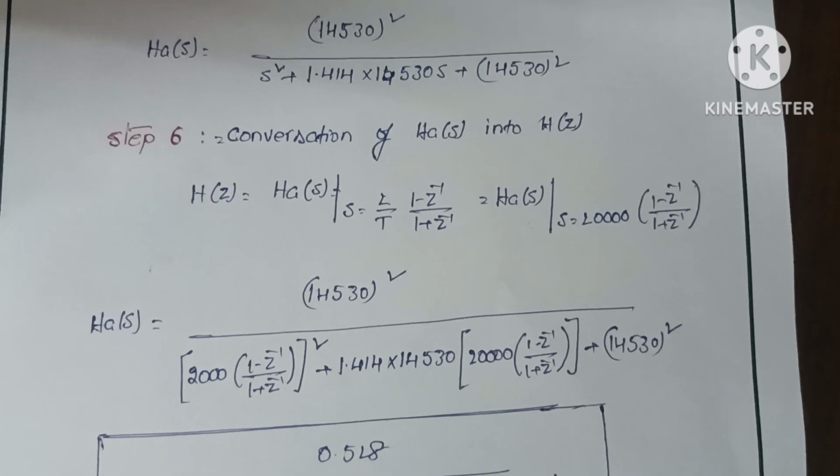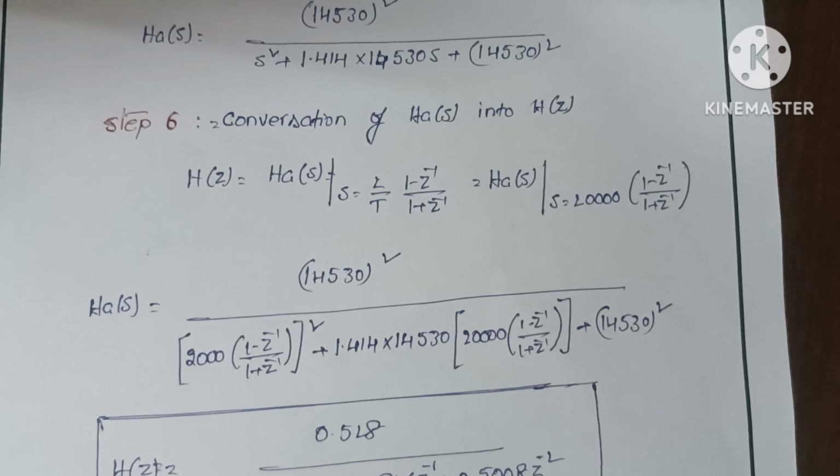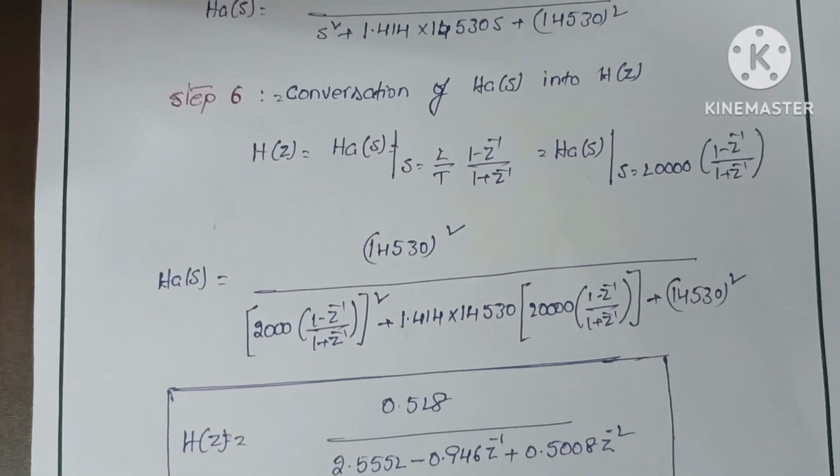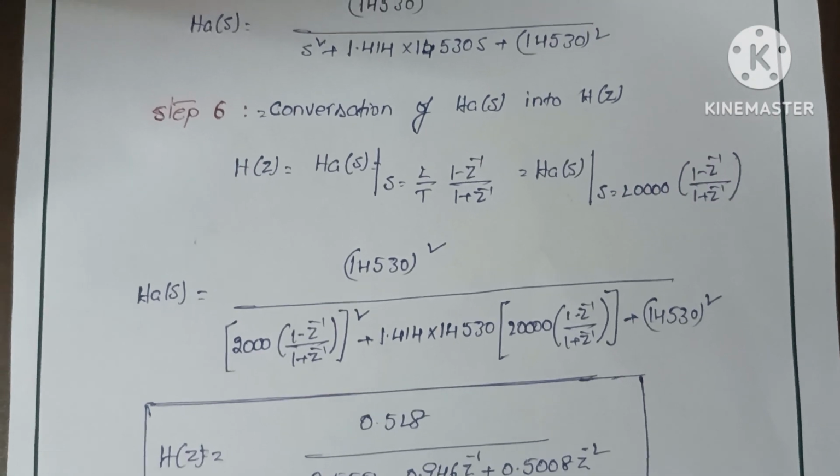Now step number 6. Here we have to convert the analog transfer function HA of S into a digital transfer function H of Z of a filter using bilinear transformation.